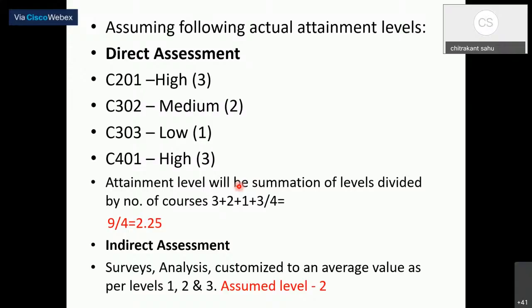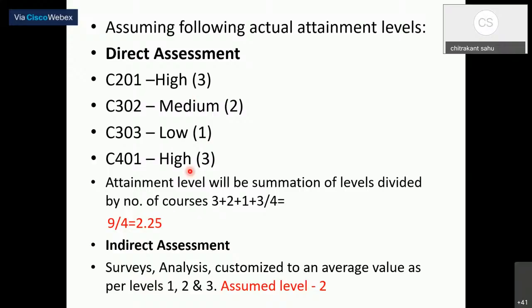Here we have given an example of different attainments. Let's say the attainment for PO1 for course 201 is 3, 302 is 2, 303 is 1, and 401 is 3. So we are taking an example of 4 courses. It can be 30 to 40 courses, including seminars, laboratories, and major projects. Then the attainment level will be the summation of the levels divided by the number of courses.